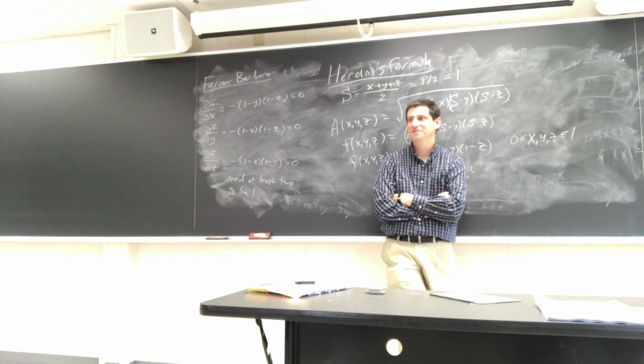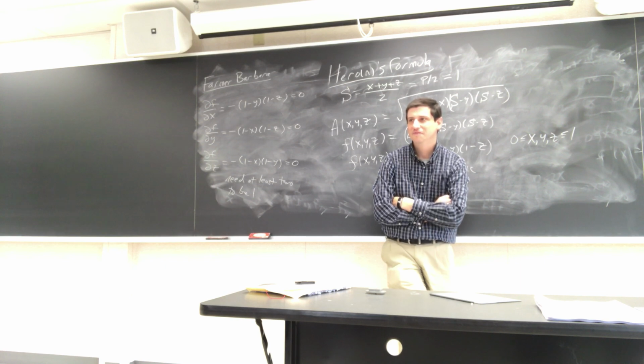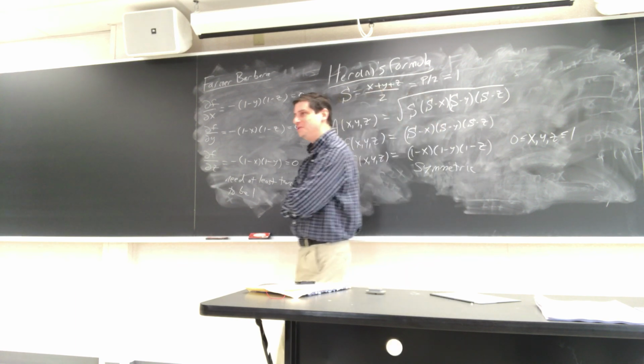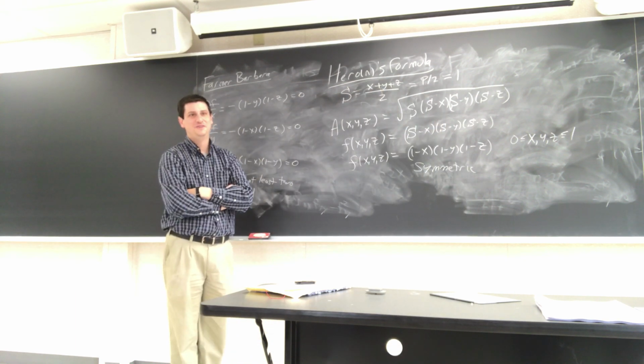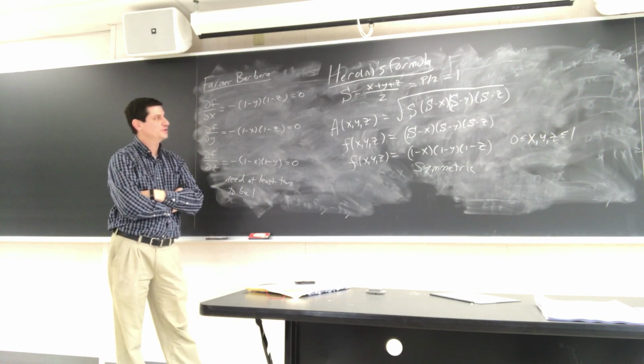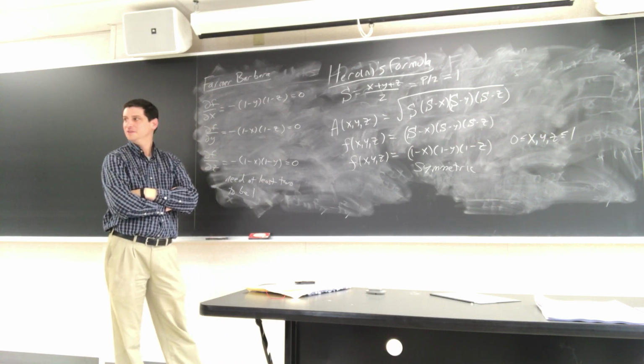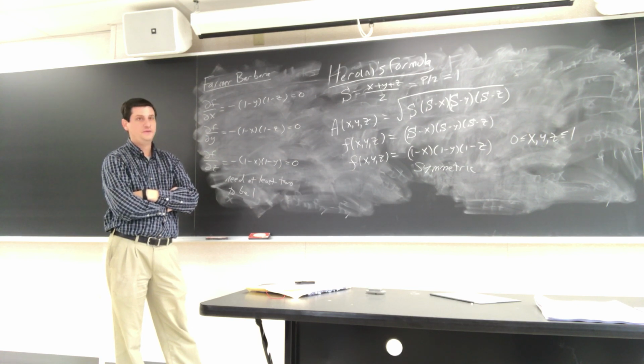Where's the mistake? Where did we go wrong? Everything seemed reasonable as I was going through it on the board. Right, we start off with Heron's formula. This is the formula for the area of a triangle.